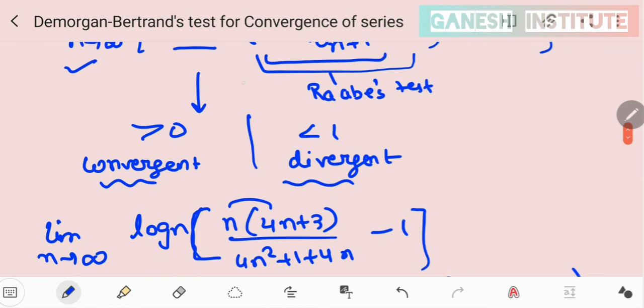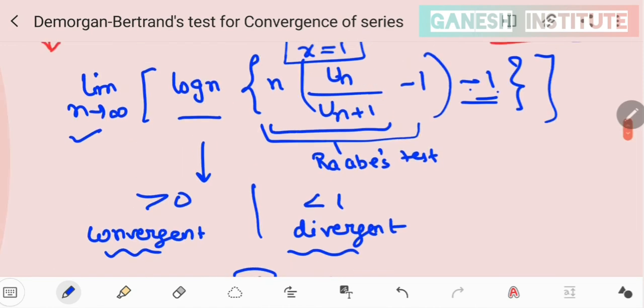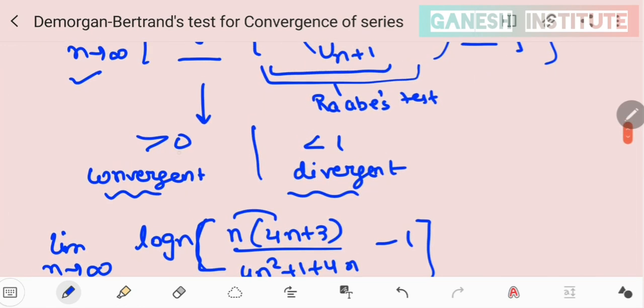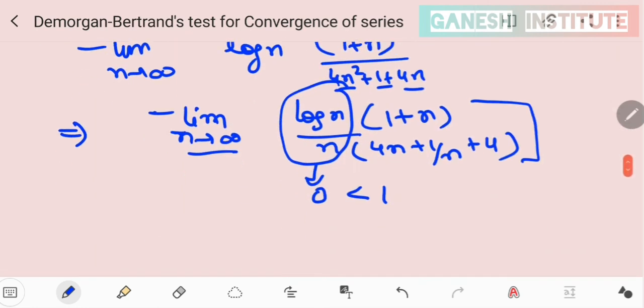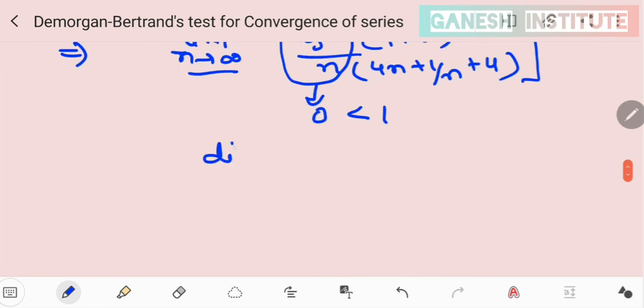If this value is greater than 1, then the series is convergent, and if this value is less than 1, then divergent. Because it is coming out as less than 1, the series is divergent, right?